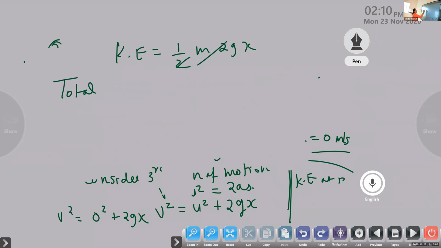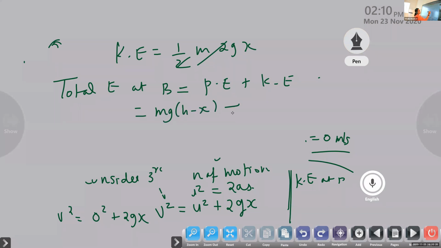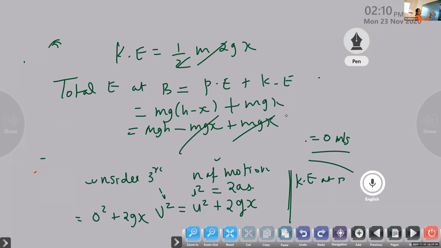Total energy at B is potential energy plus kinetic energy: mg(h minus x) plus mgx. When you expand, mgh minus mgx plus mgx, the minus mgx and plus mgx cancel. So at point B also energy is conserved because we get the same equation, mgh.